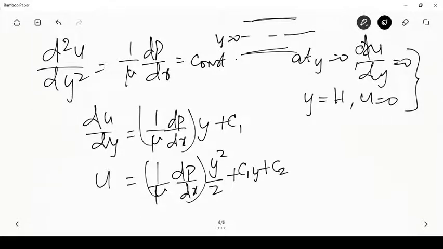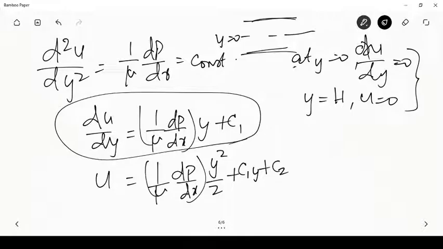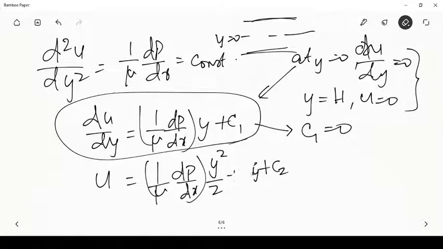Now if I apply the first boundary condition, du by dy is 0 at y equal to 0, therefore c1 becomes 0, and I can remove it. You get this plus c2 as the equation.